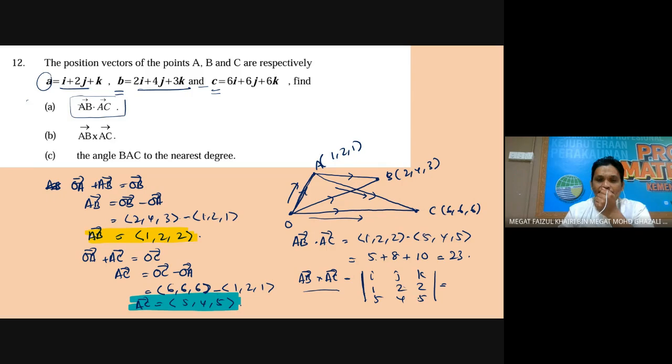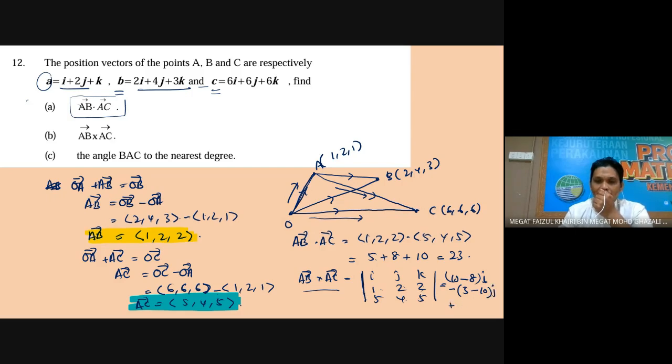Okay, 2 times 5 equals 10 minus 2 times 4 equals 8, for i. Minus 1 times 5 equals 5 minus 2 times 5 equals 10, for j.